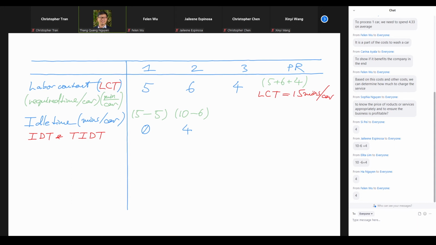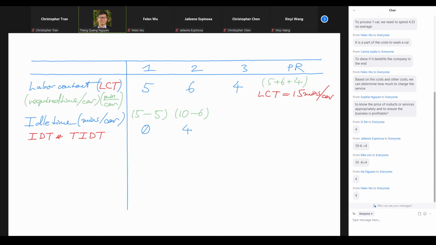What do they do when they have idle time? They can chat, they can make phone calls, they can do other things, right? So as a manager, maybe we're not happy with it. They play during the work time, but you know what? It is not their fault. It is actually our fault. We misconfigure the process. That's why they have the idle time.